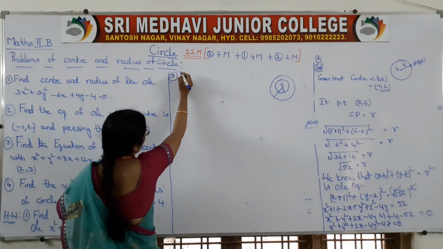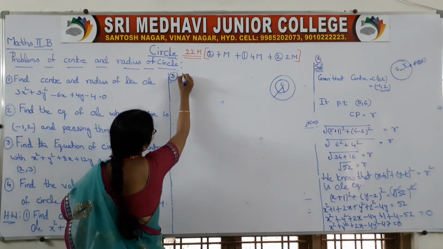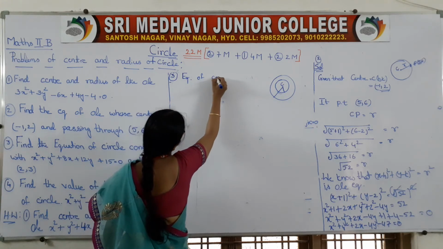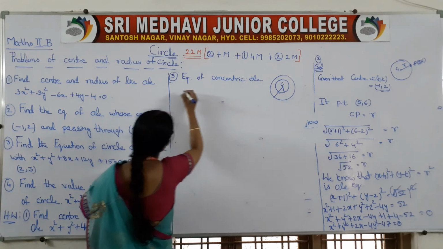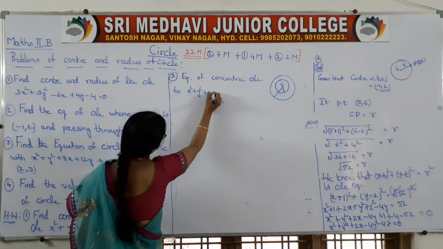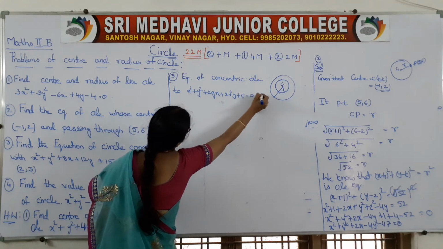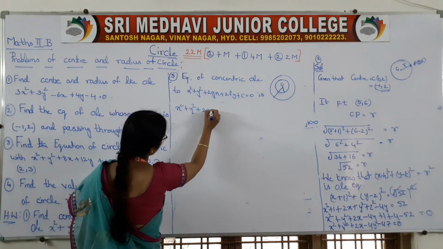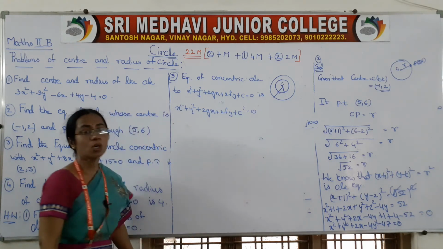So what is the formula for concentric circles? The equation of a concentric circle to the general form x square plus y square plus 2gx plus 2fy plus c is equal to 0 is x square plus y square plus 2gx plus 2fy plus c dash is equal to 0.